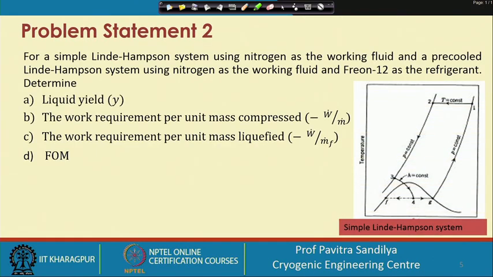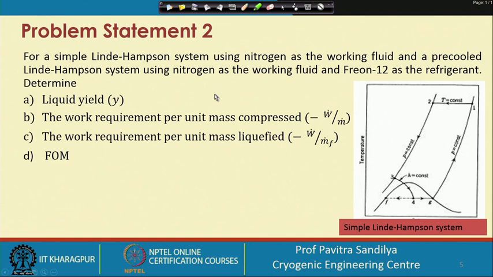Now, we come to the second question. In this question, we have been asked to consider a simple Linde-Hampson system using nitrogen as the working fluid, and also a pre-cooled Linde-Hampson system using the same nitrogen as the working fluid and Freon 12 as a refrigerant, because in the pre-cooled system we need a separate refrigeration circuit.